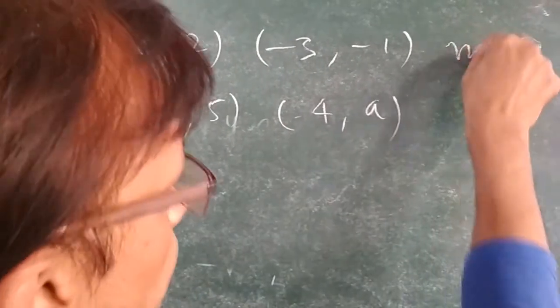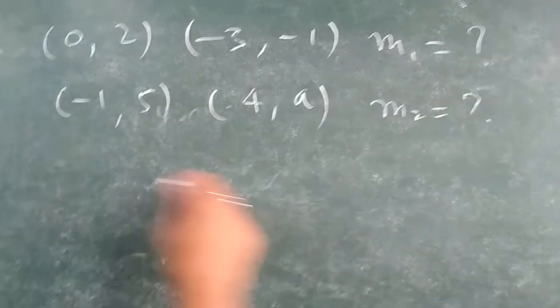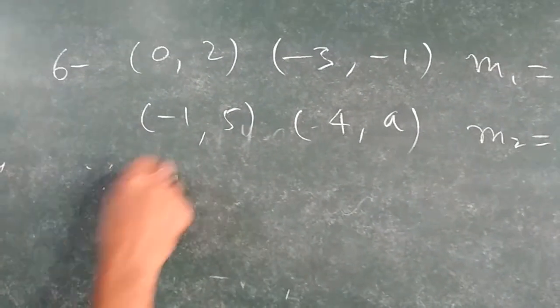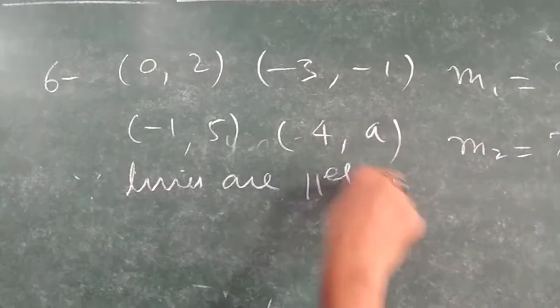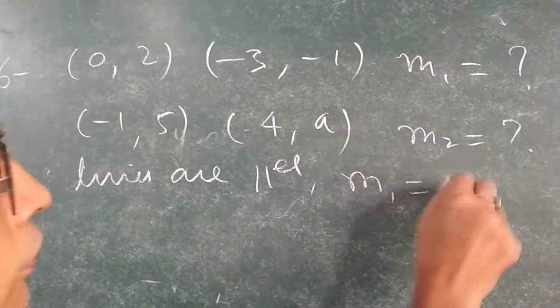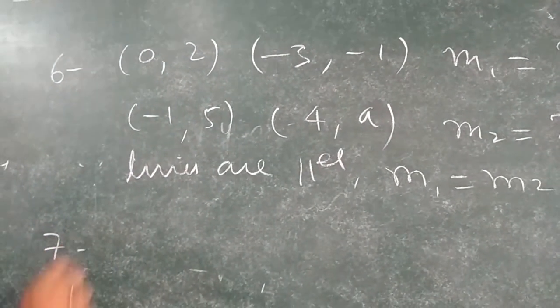Find its slope. Put them equal. Since the lines are parallel, therefore apply m1 equal to m2. So this is the hint for question number 6.